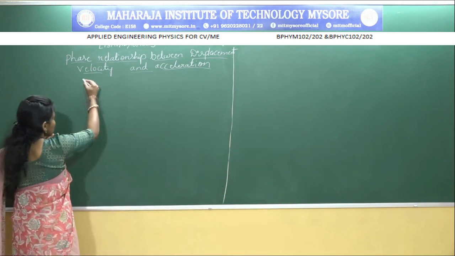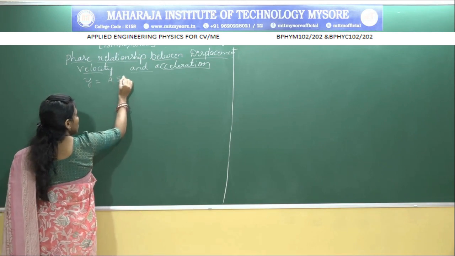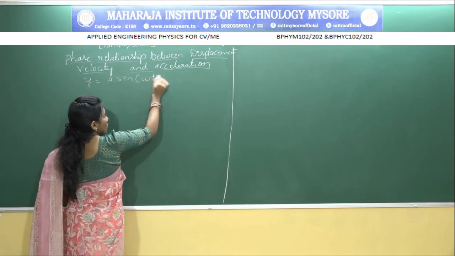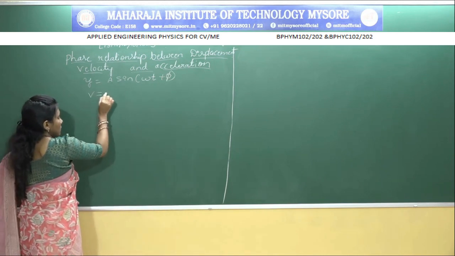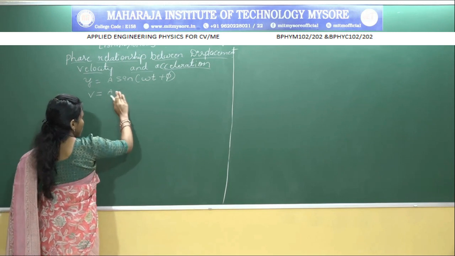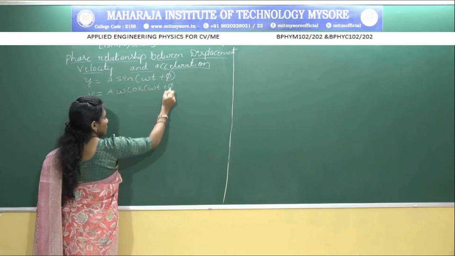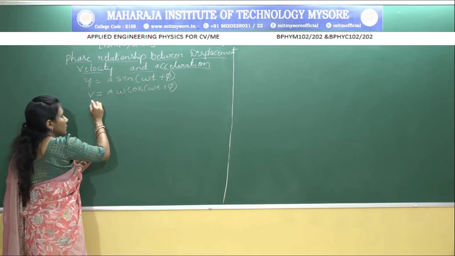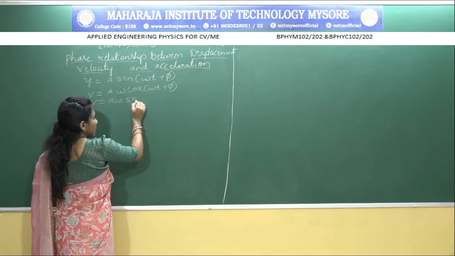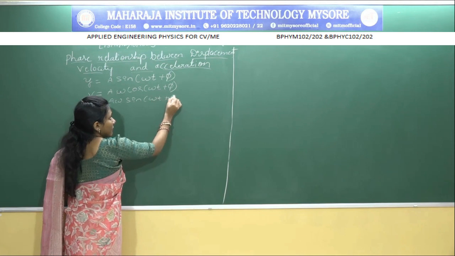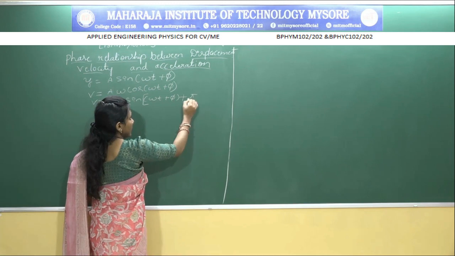For the displacement equation, we write y is equal to a sine of omega t plus phi. And for velocity, v is equal to a omega cos of omega t plus phi, but in terms of angle, v is equal to a omega sine of omega t plus phi plus pi by 2.